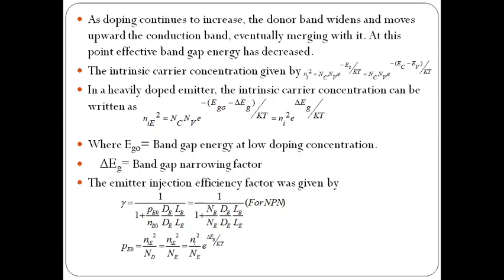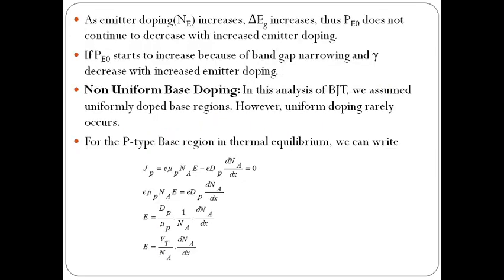So Pe0 is the minority carrier concentration in the emitter region. It is the intrinsic carrier concentration squared divided by Ne. From the law of mass action, it equals Nie squared by Ne, where Nie squared equals Ni squared times e to the power delta Eg by kT. So we replace this Pe0. Then what happens here? As the emitter doping Ne increases, delta Eg increases.